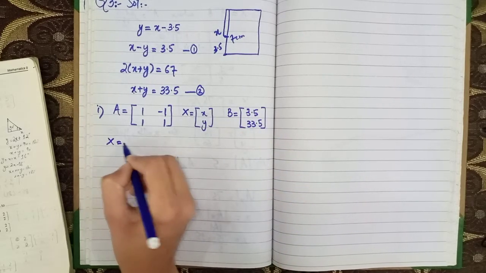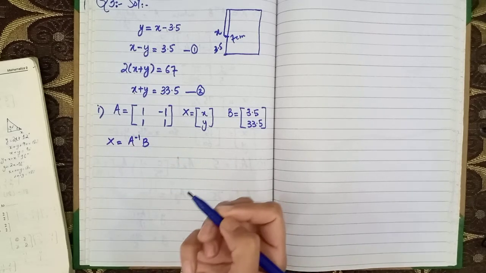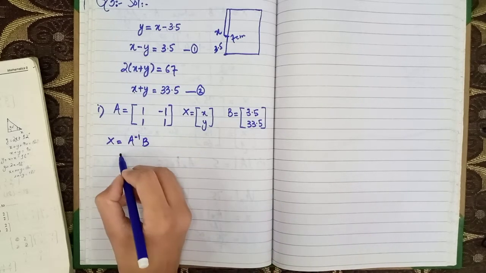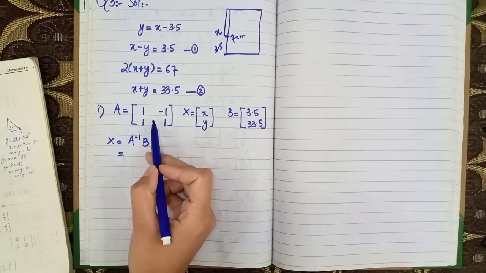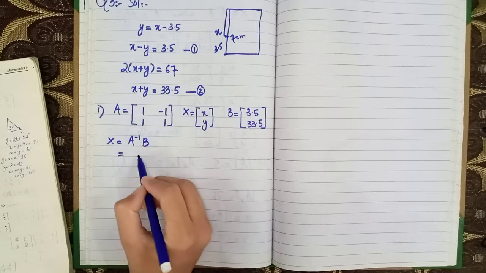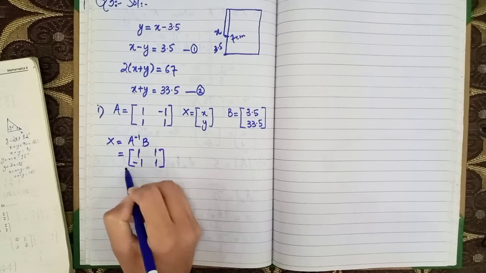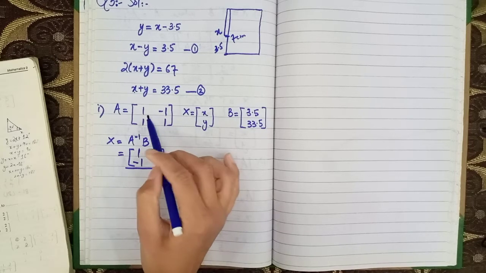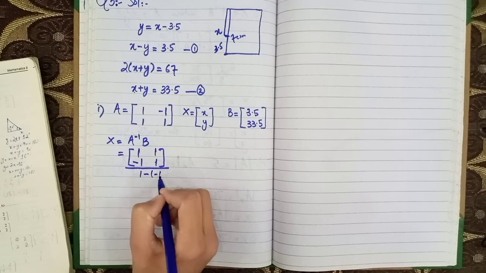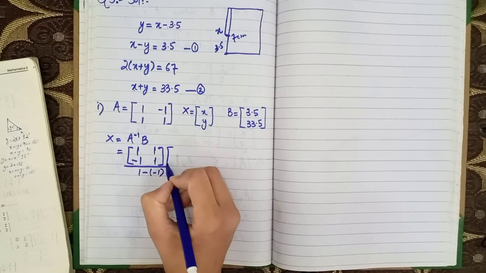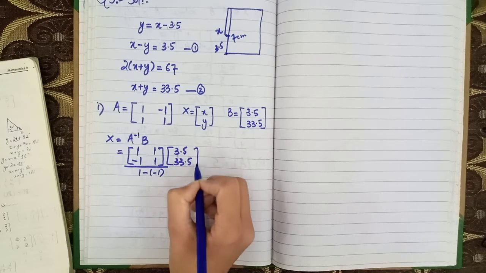Let's begin. X equals A inverse B, and we know that A inverse is equal to the adjoint of A divided by the determinant of A. So here the adjoint of A is 1, 1, 1, minus 1, divided by the determinant. Write it like this, 3.5 and 33.5.